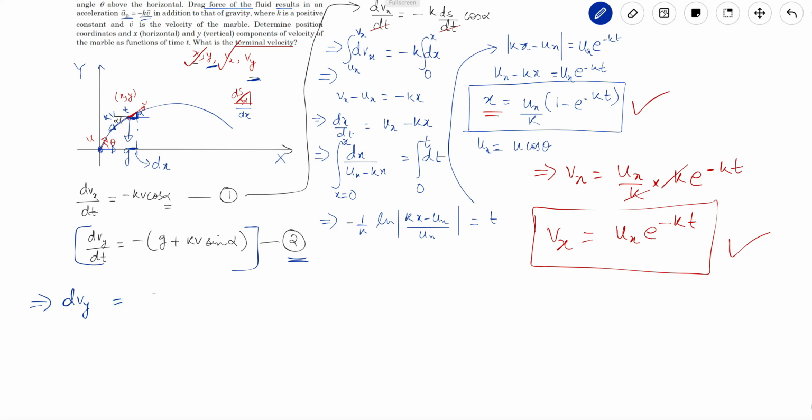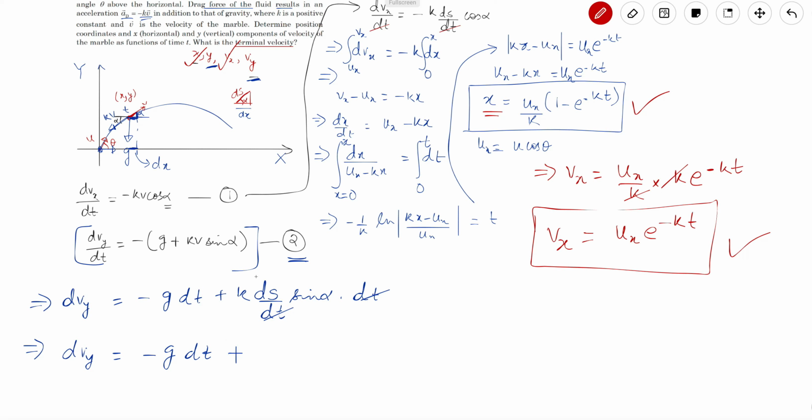Now multiply with dt both sides, so it becomes minus g dt plus k v, and in place of v I'm writing the rate of change of distance, elementary distance ds, times sine alpha, times dt, and dt gets cancelled. So our equation looks like this: dvy is equal to minus g dt plus k times ds sine alpha.